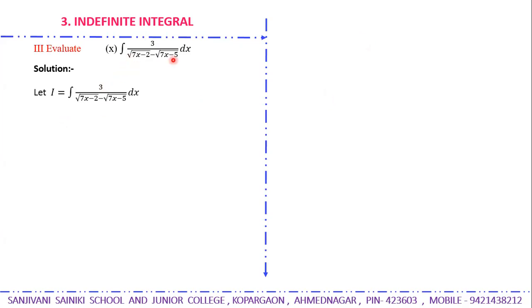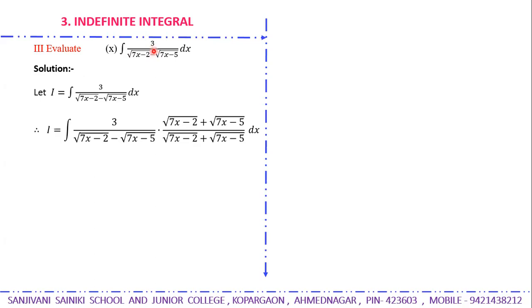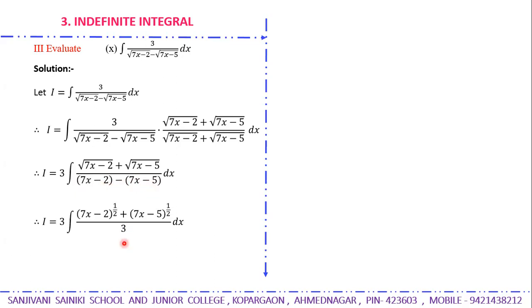Now the next example is based on the same type. Again we have to rationalize only. Rationalizing the denominator, we use a plus b, a minus b, a square minus b square. Here 7x will cancel each other, and minus 2 plus 5 is 3. So this 3 will cancel, and we get ax plus b raised to n.